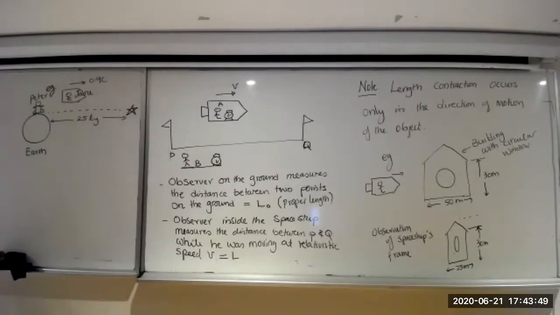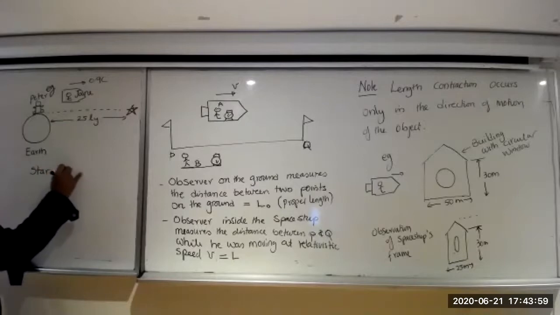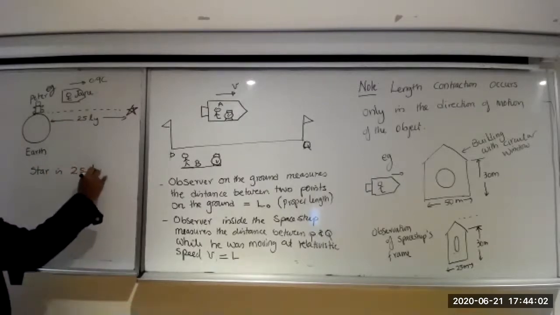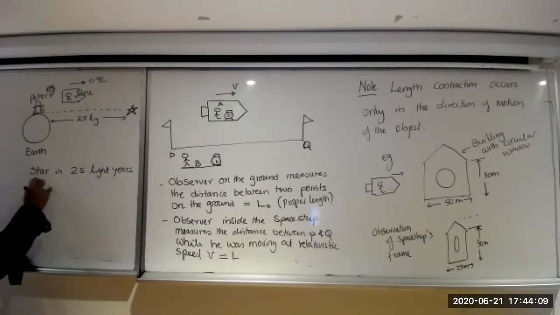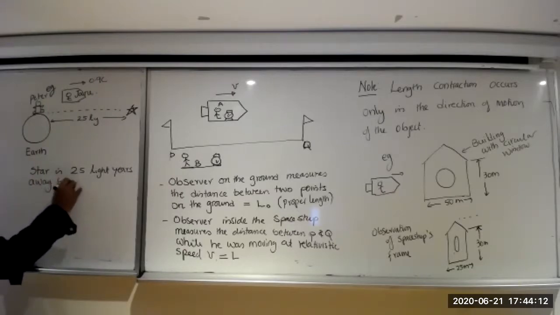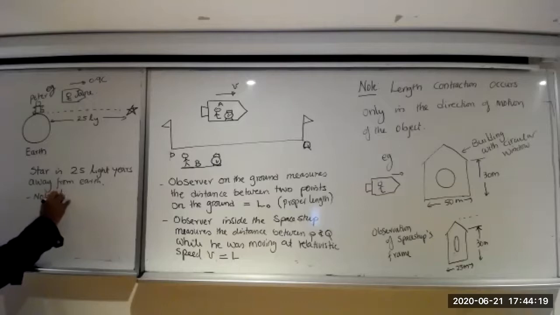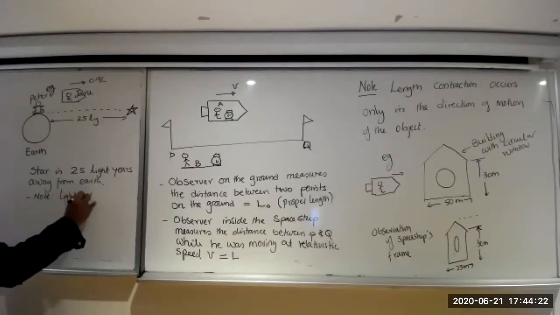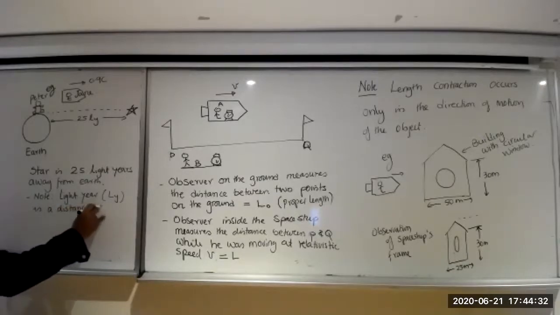Peter and Jane. Okay. The star is 25 light years away from the Earth. The distance unit.